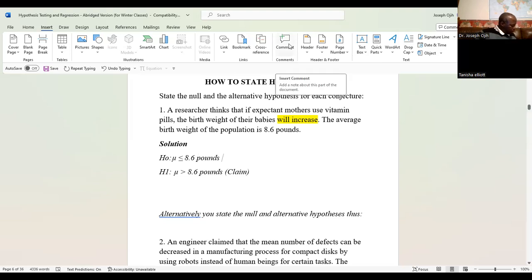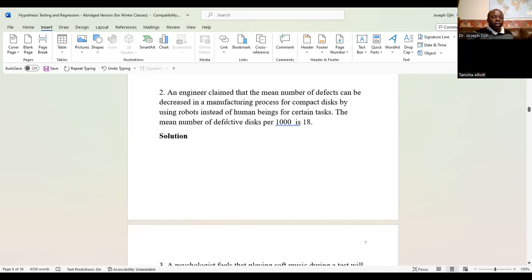Good, excellent. Now let's try another example. It says there is a claim that the mean number of defects can be decreased in a manufacturing process for compact discs by using robots instead of human beings for certain tasks. The mean number of defective discs per 1,000 is 18. So he said that this defect can be decreased.